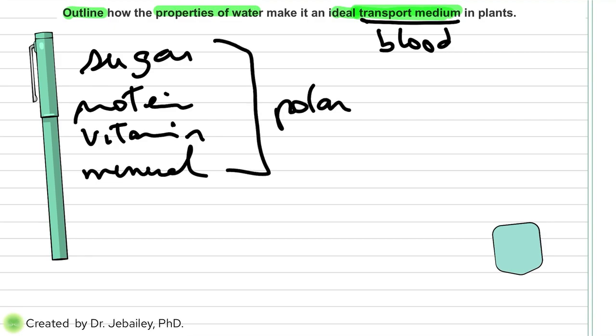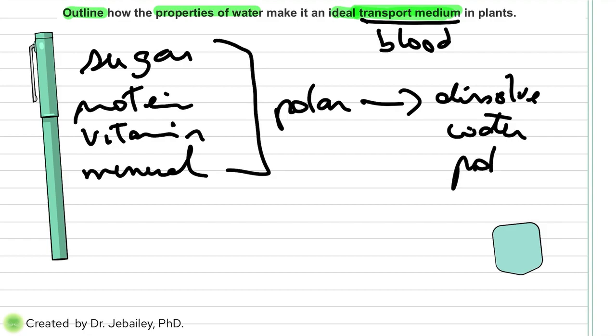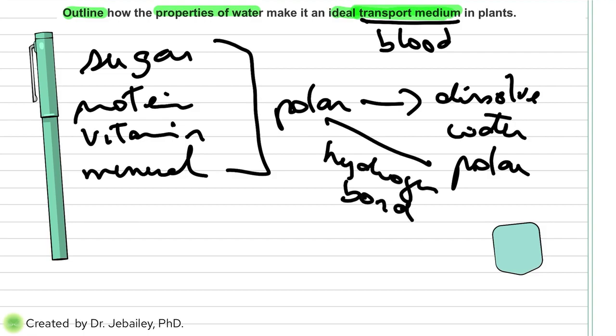Why? Because only polar substances can dissolve in water, and we know that water is polar. When they are both polar, what's connecting them is the hydrogen bond. So you can see it's repetitive, but this time it's talking about the solvent properties. They're asking how the properties of water allow it to transport things.